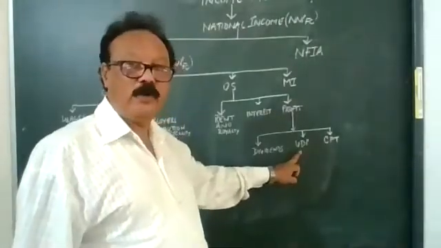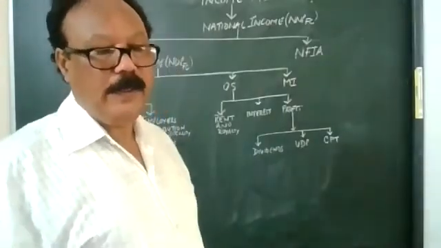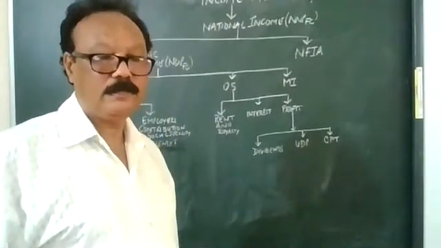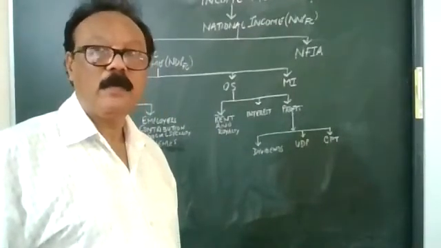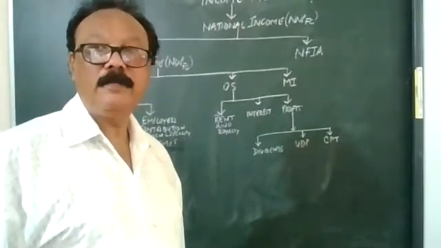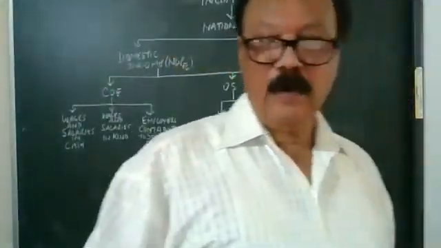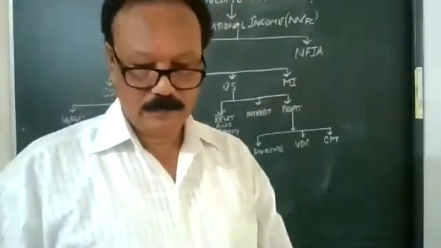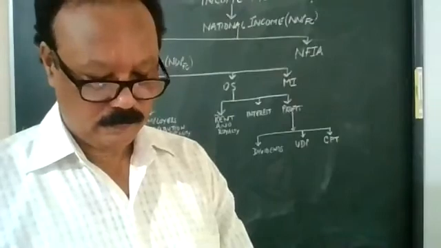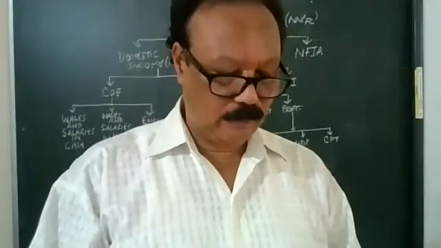UDP, undistributed profits, is the part of the profit which is retained by the firms for future use.